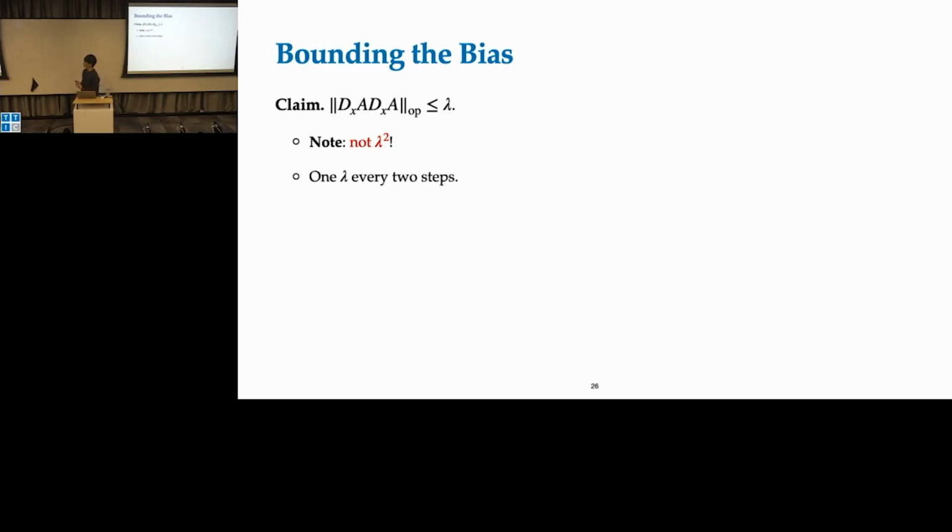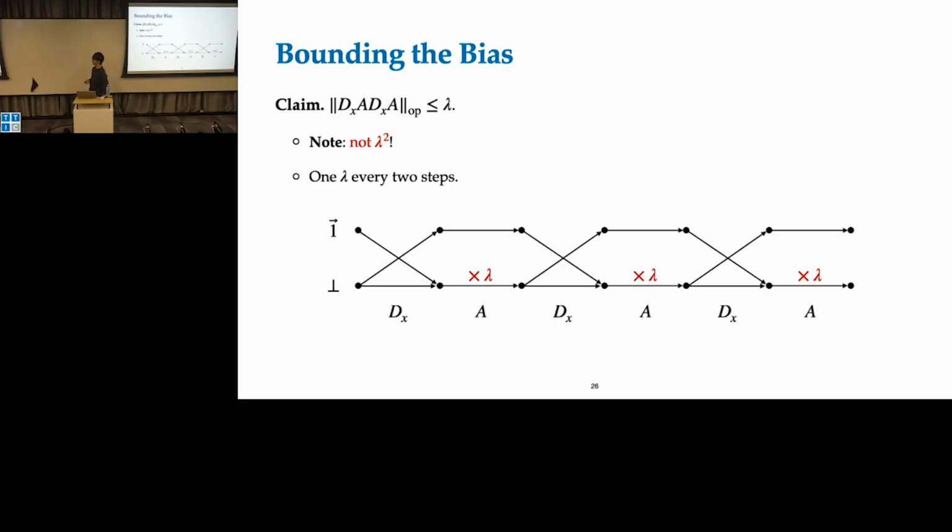This is a phenomenon where we get one lambda every 2 steps. And we can exactly see it in this highlighted path. Here we have one A, and then it goes back to the all ones component, and then it doesn't get any factor decrease in the second A. Any questions about this diagram?